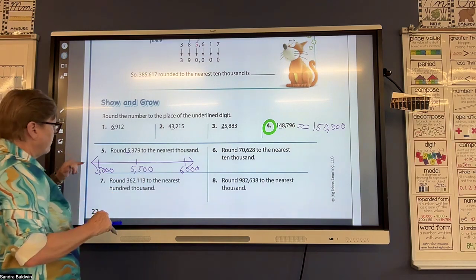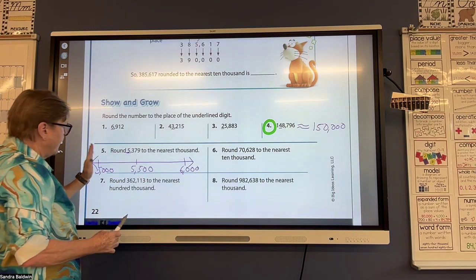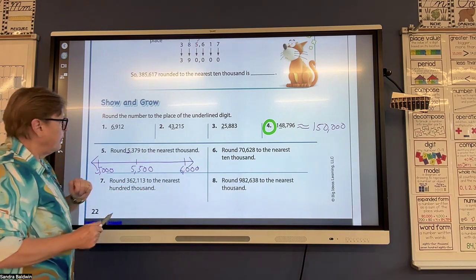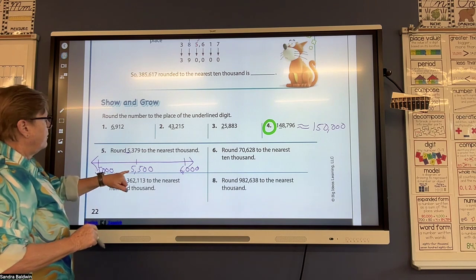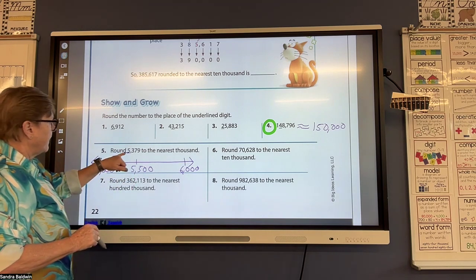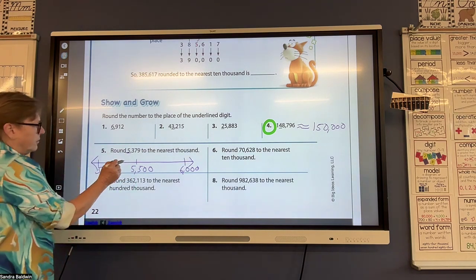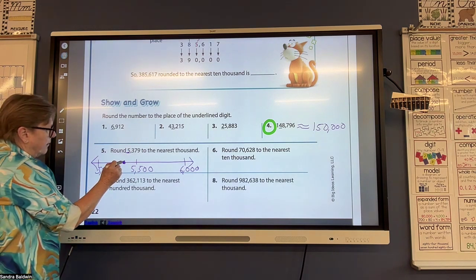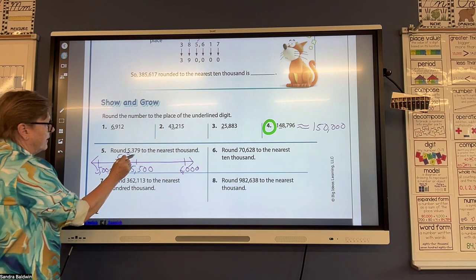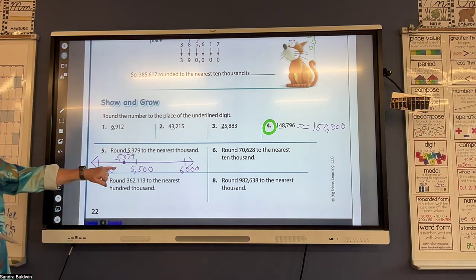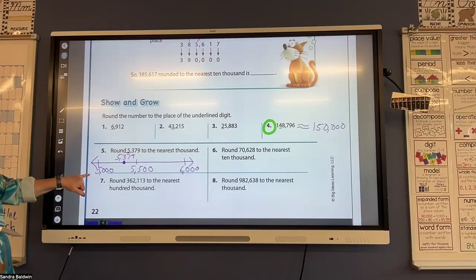So after I draw my number line and write my low number, high number, middle number, I need to plot this on the number line. This is 5,500. This is 5,300. So it's going to go probably about right here. 5,379. Then I stop and look at it and see that it's closer to 5,000.